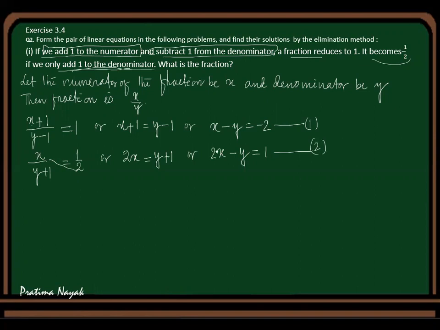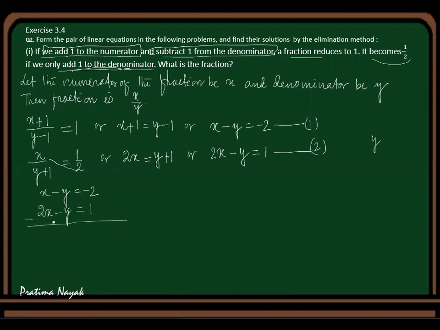And here you can see that y and y have the same coefficient, so it is easy to eliminate y. What to do? Just I'll subtract. So I'll write the equation again. x minus y is equal to minus 2 and 2x minus y is equal to 1, and I'll subtract.